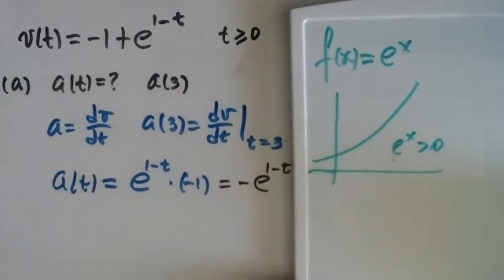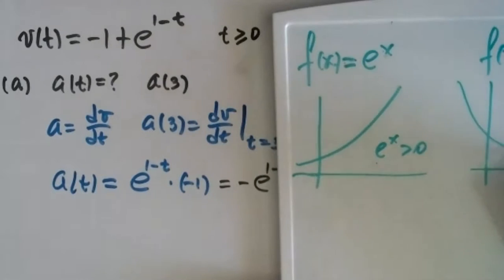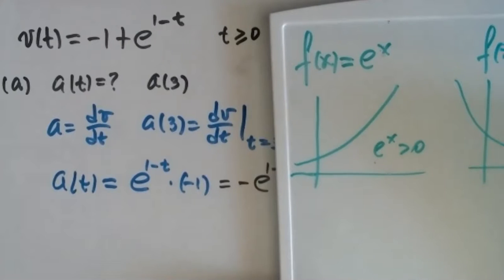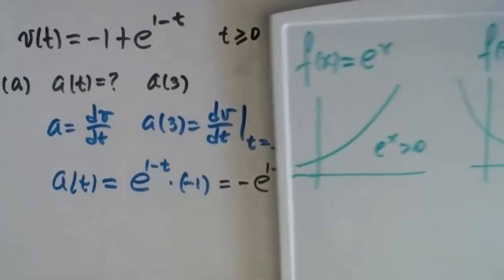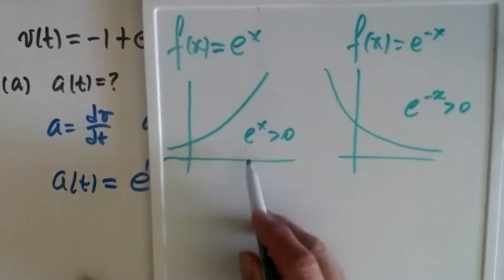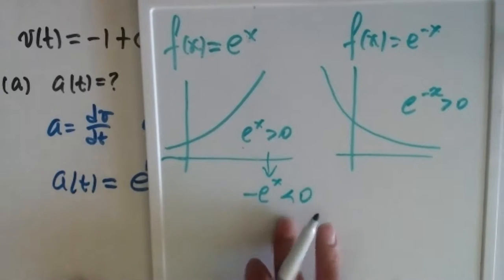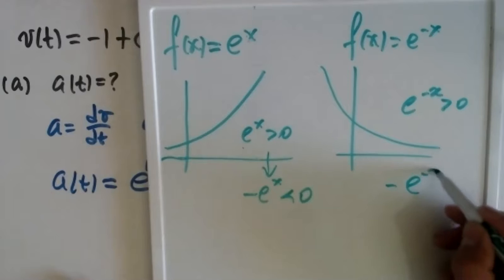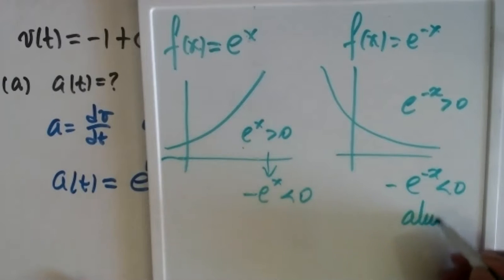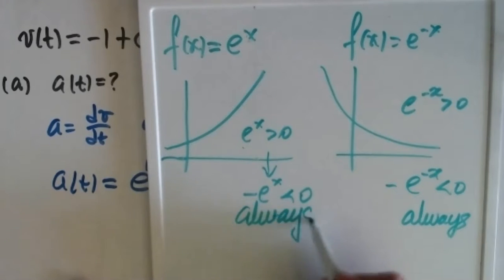Also, if you have e to the negative x, it's just reversed, and it is always positive. E to the negative x is always positive, correct? That is what you have here. Now, something important: the negative of e to the x is always negative, same for this one. Always, correct? Or mathematically, for all x.